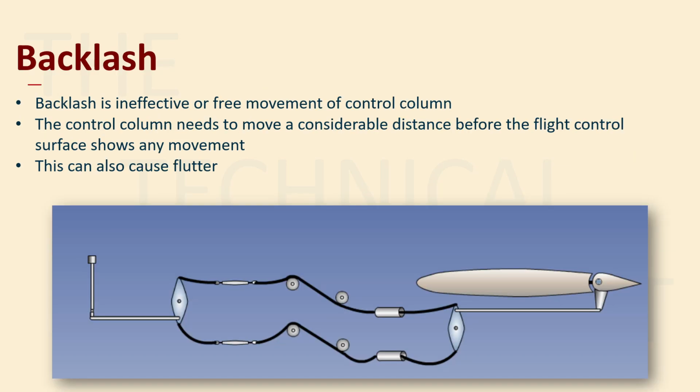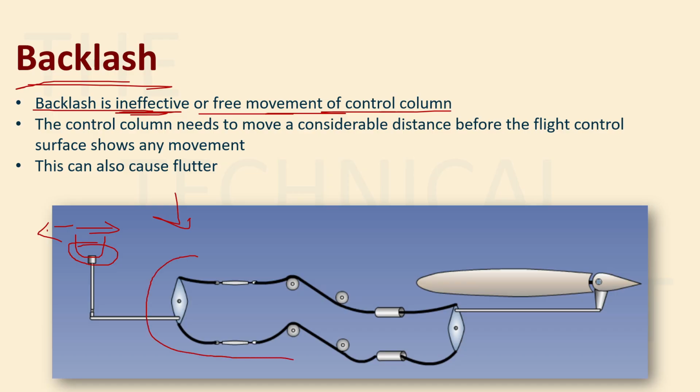And what is a backlash? Backlash is ineffective or free movement of the control column, right? So this is what backlash looks like, right? This is your yoke or your control column, right? So if you push or pull on this, then what will happen? There is very loose cable here, right?